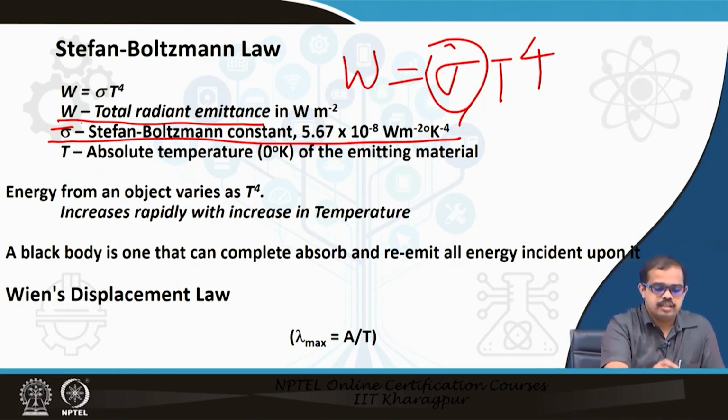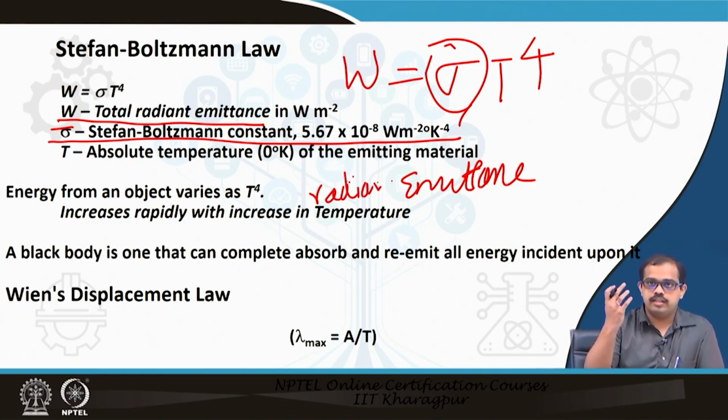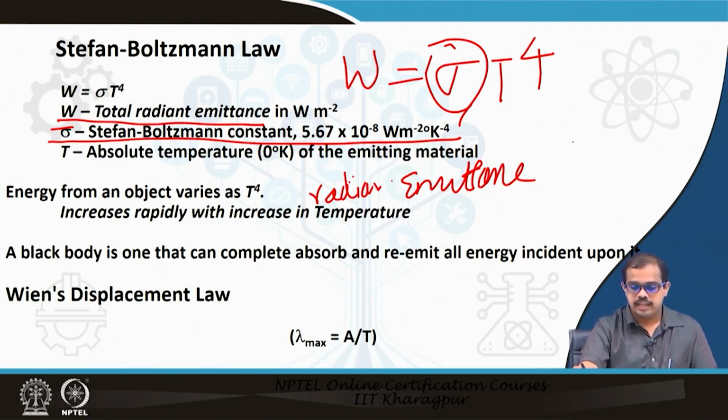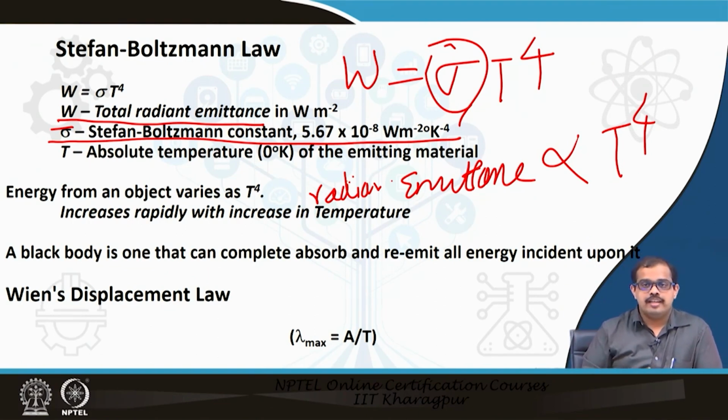That is nothing but T. Now, the total radiant emittance, the radiation coming out after absorption, is proportional to the 4th power of the temperature. So, the higher the temperature, the higher the emittance; the lower the temperature, the lower the emittance.